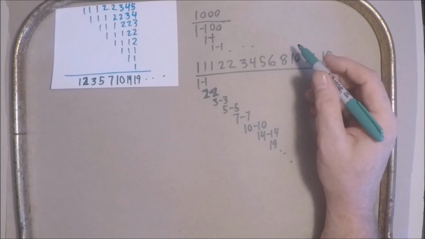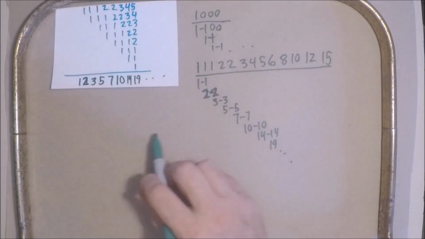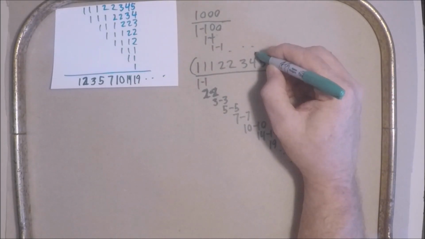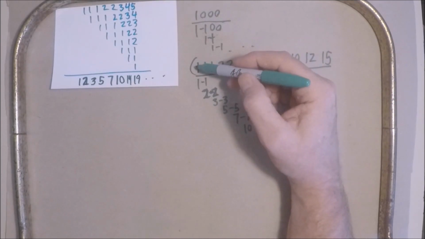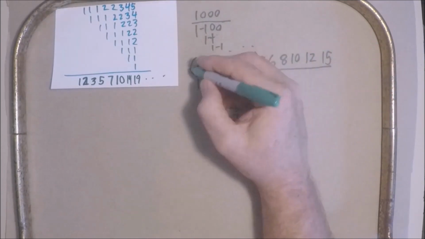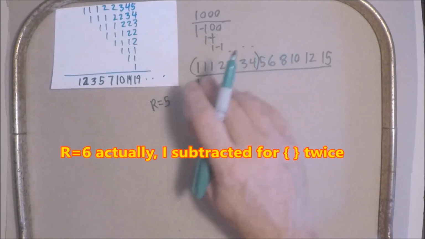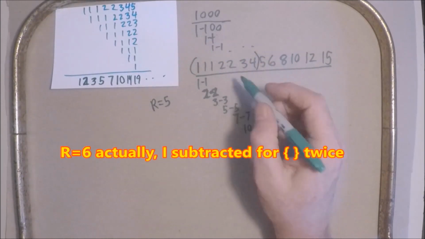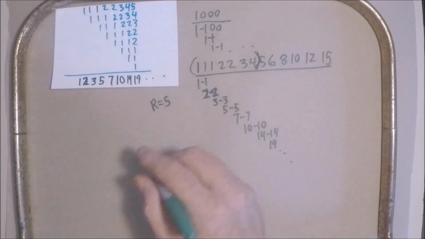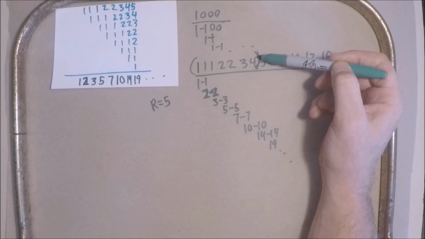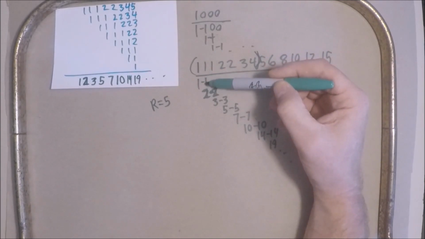We don't actually have to sum it as we go, but let's say we got to this point where that's 0, 1, 6, so that's r equals 5, and we multiply our 5 factors together to get this. At that point, all we have to do is divide what we have by 1, negative 1.